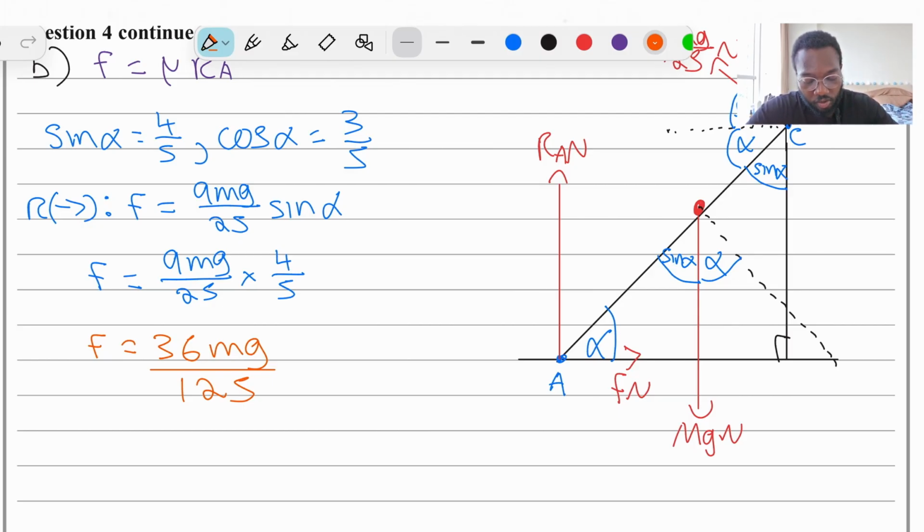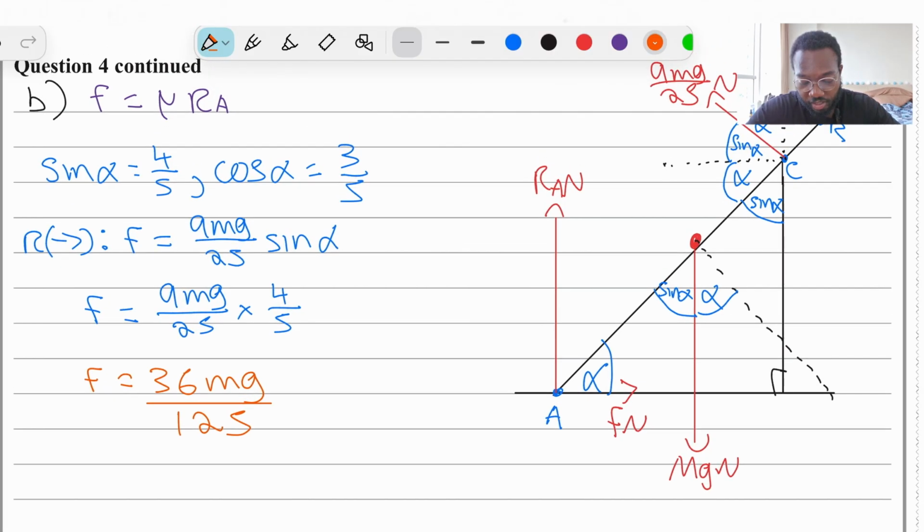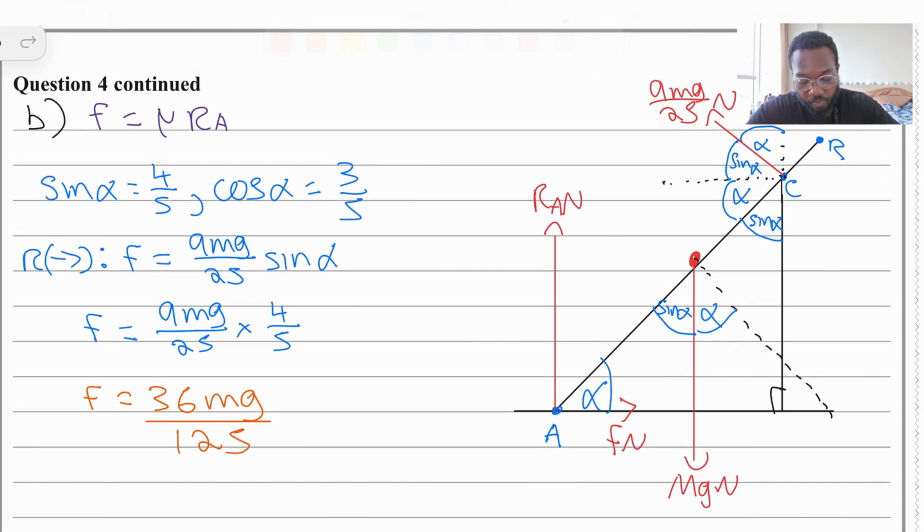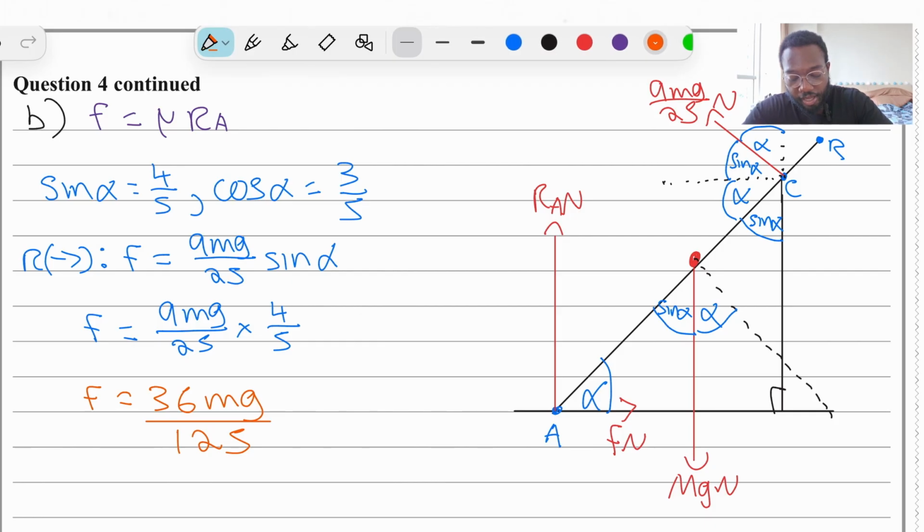Now let's work out our normal reaction at A. For normal reaction, we actually have three forces in that direction. We have obviously the RA, we have the mg, but we also have this 9mg over 25 which is also going to be in that direction as well.